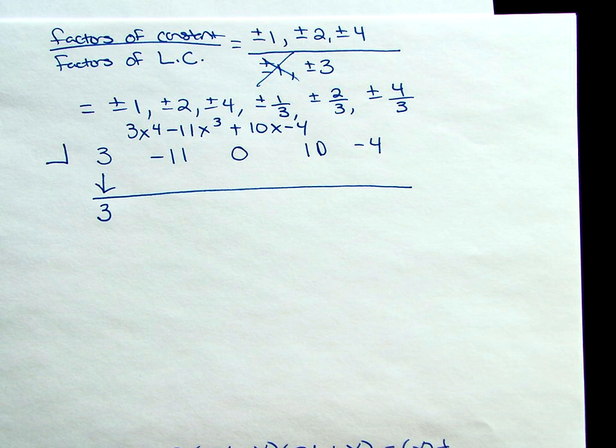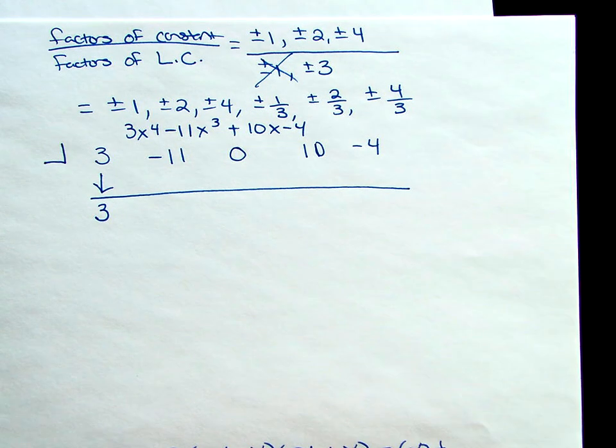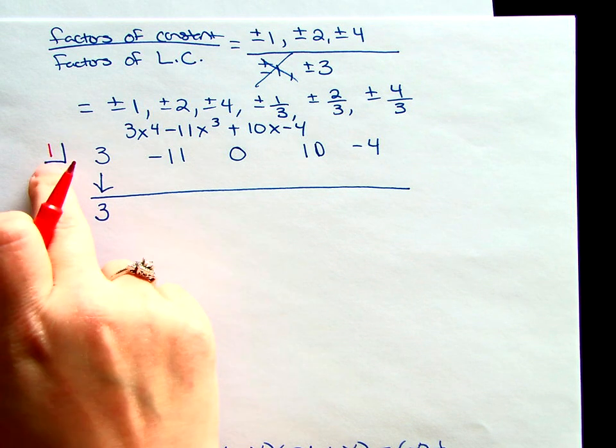So now, if we were doing it before today, we would just guess a random number to stick in that box. Now we don't have to do quite so much guessing. We're going to pick one of these, put it in the box, and see if it's a 0. So what number would you like to try first? Okay, I heard positive 1, so we're going to try it. 1 times 3 is 3.